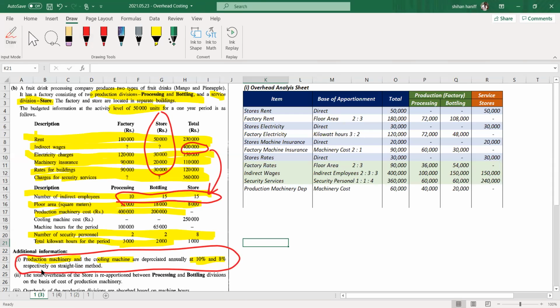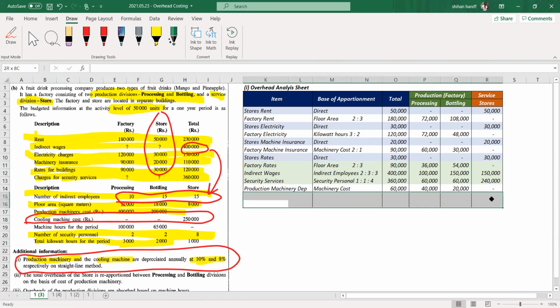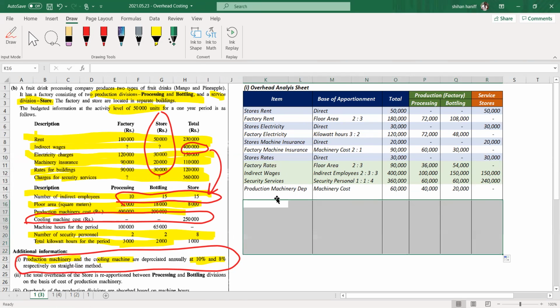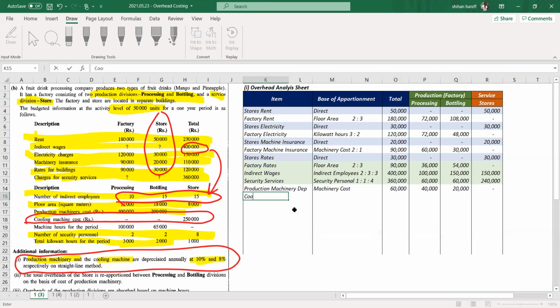Then the cooling machine. Cooling machine is in the stores. Cooling machine depreciation.